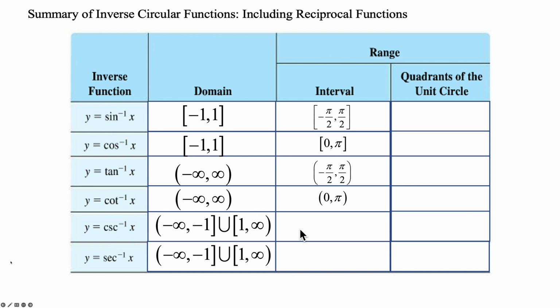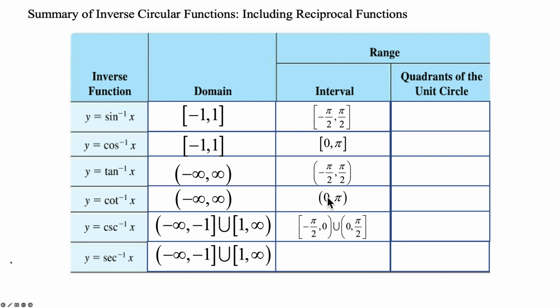Inverse cosecant, bracket -pi/2 to bracket pi over 2, but we had that asymptote line cutting it right down the middle at 0. Okay, look, starts at negative pi over 2, ends at pi over 2. Start, end, start, end. Secant, which is the reciprocal of cosine, starts at 0, ends at pi.